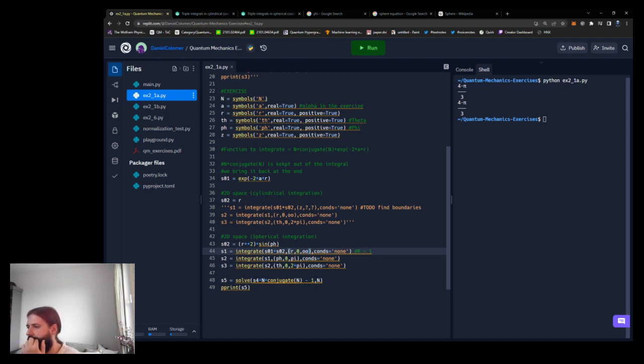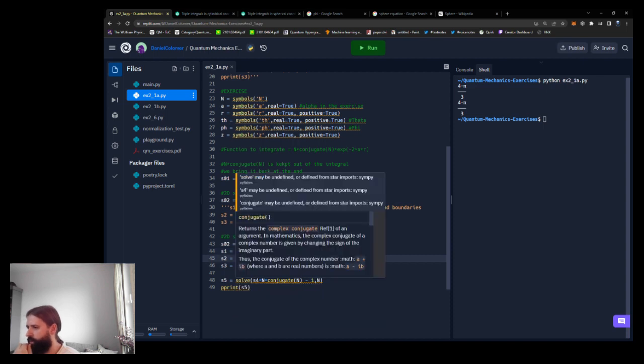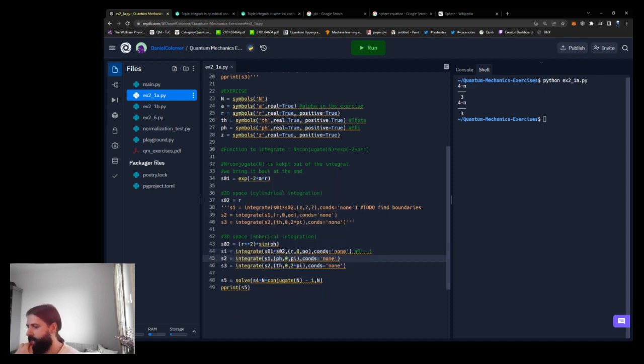and then S2, and so S2 is phi, and here, as I said, we go from 0 to pi divided by 2, because remember we just go like this, and then we do the whole round, and then we do 2 pi with theta.